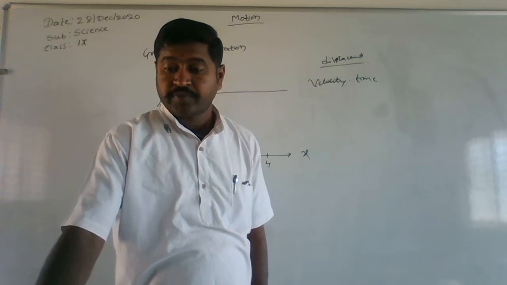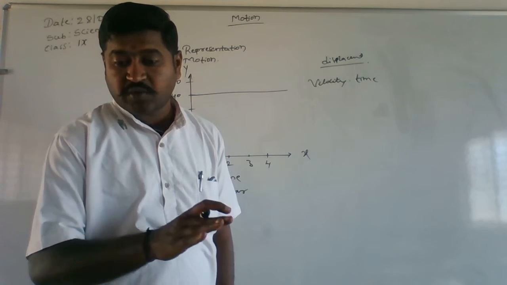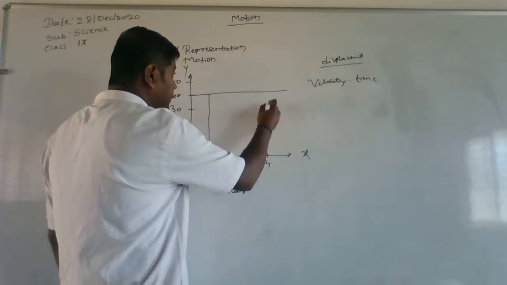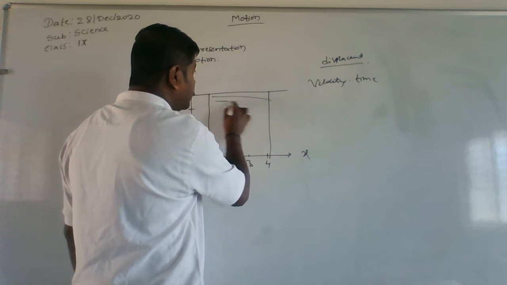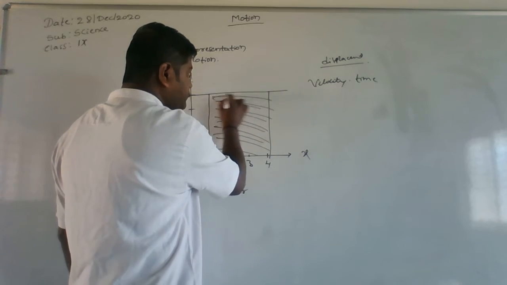So the area enclosed by the vt graph and the time axis will be equal to the magnitude of the displacement. Here the area is marked, so this will be the displacement of the object.